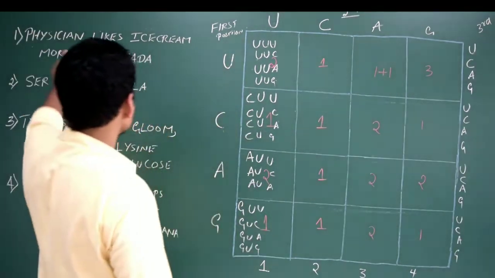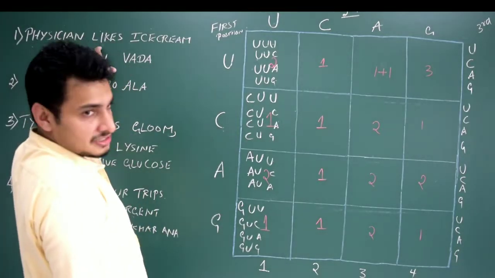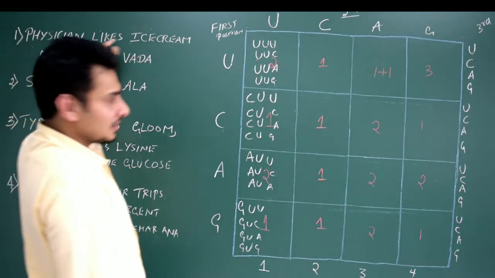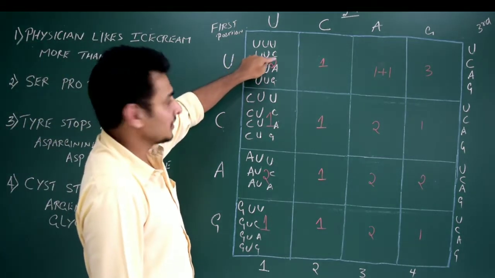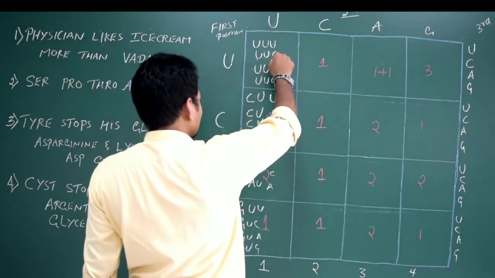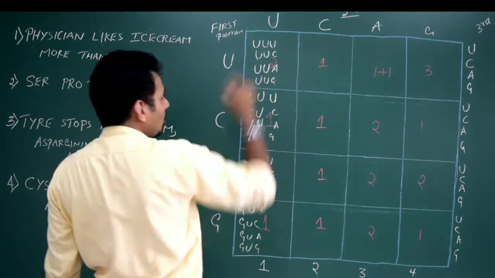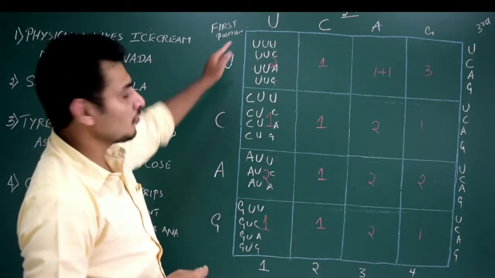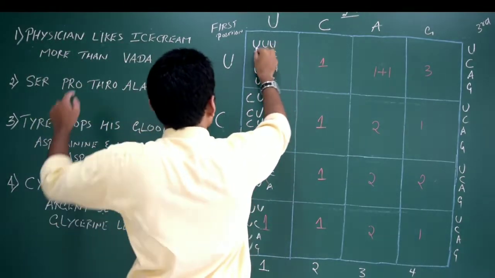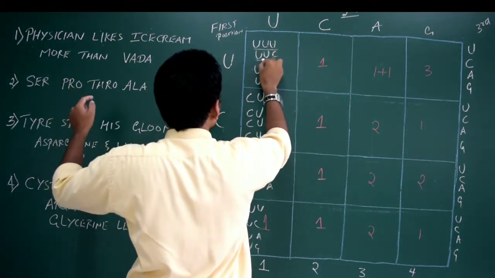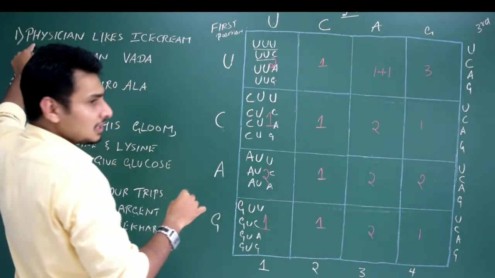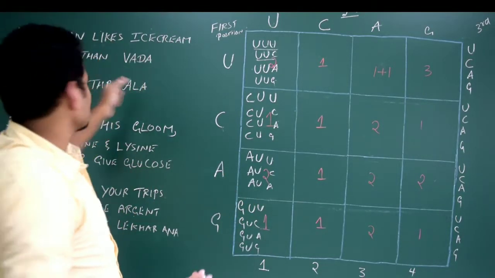Let's apply these sentences, particularly the first sentence, to the first line. Okay. So, physician likes. I have already mentioned a number here, 2, 1, 2, 1. Okay. So this 2 means the amino acid. So I am going to write 2 amino acids that have to be coded by these 4 different types of codons. Okay. So here triple U and UUC, these 2 types of codon will code for the amino acid which should start with PH.